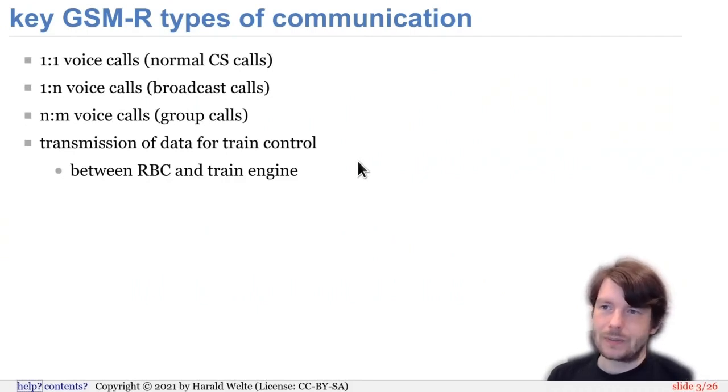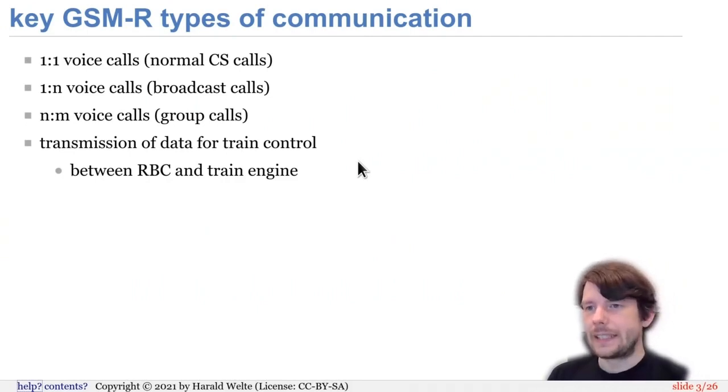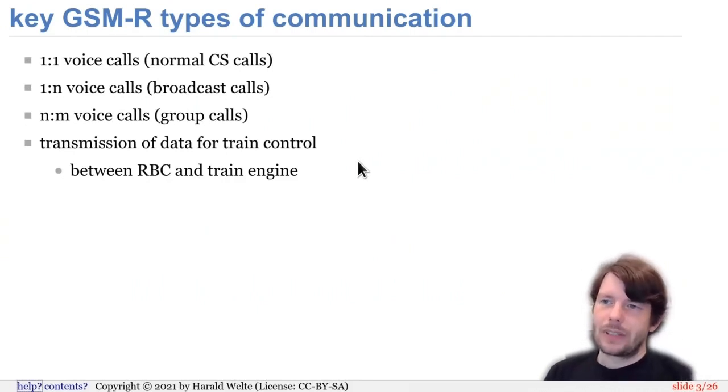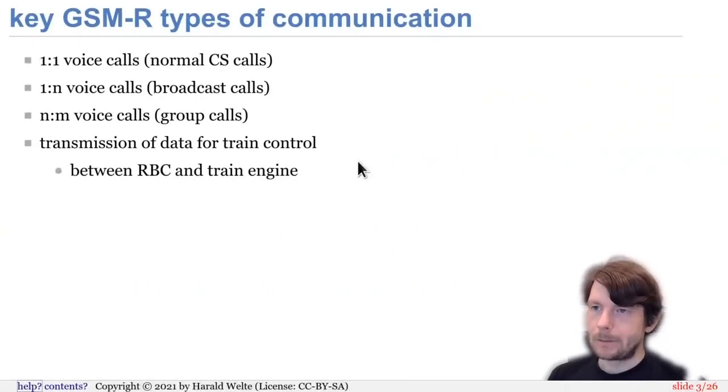Of course, we look at the details later. There's also the use case for transmission of data for train control. Train control means basically where is a train, does it have permission to drive on a certain part of track or not, and that kind of communication happens between what's called the RBC, I have it on another slide, radio block center, and the train engine.